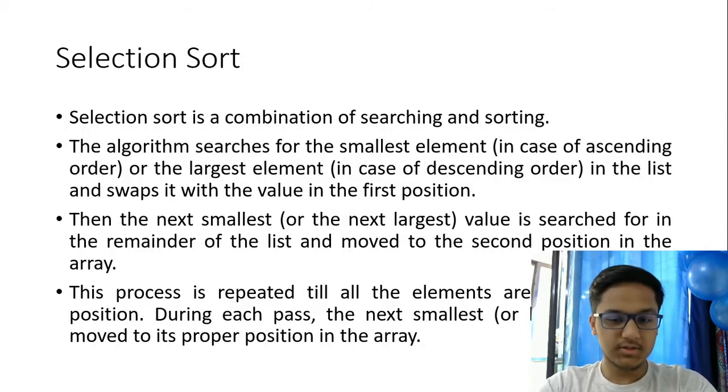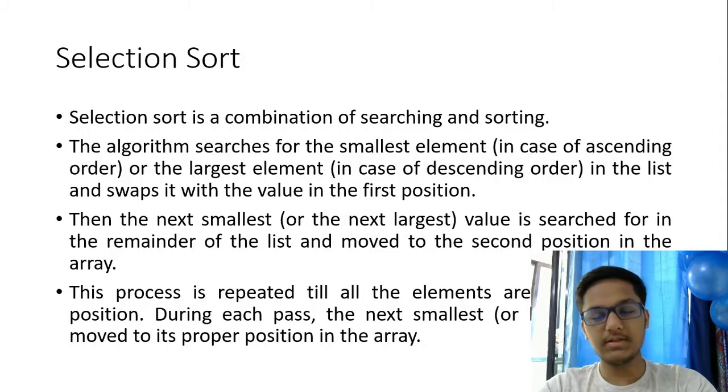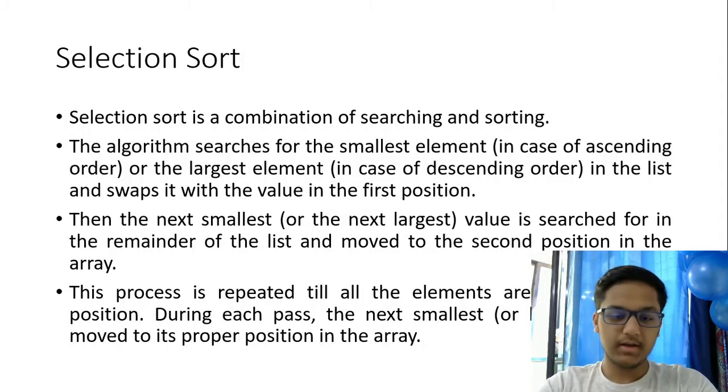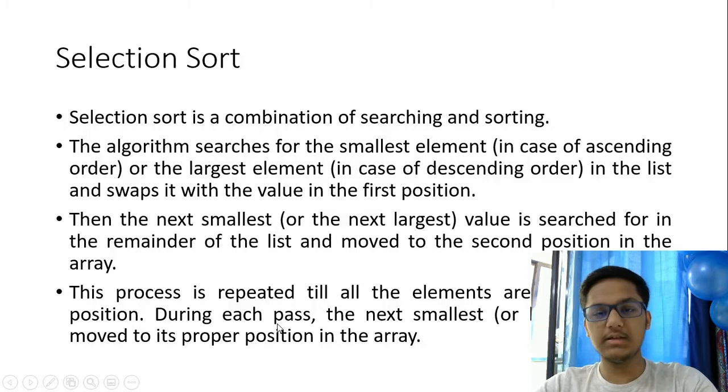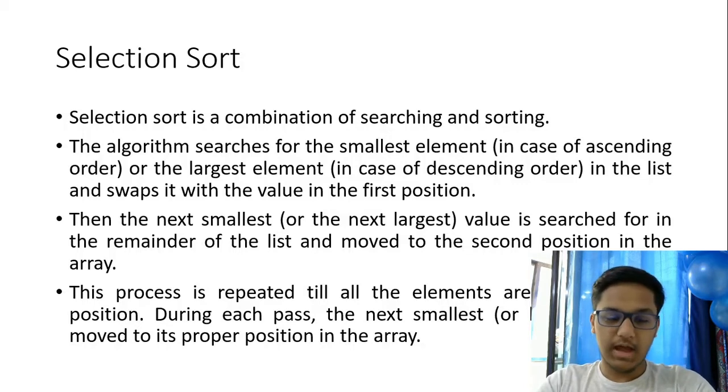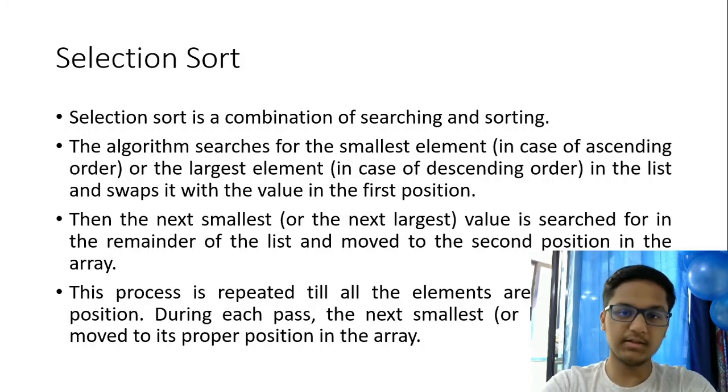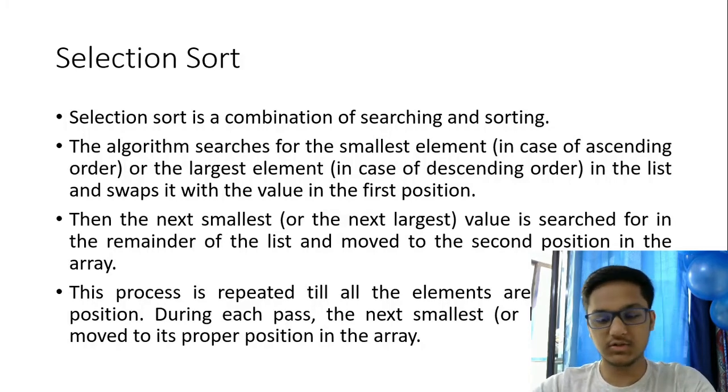This process is repeated till all the elements are sorted in the array. It uses the word pass over here. The process is repeated till all the elements are in the correct position. During each pass, which basically means each particular iteration, the array elements are being compared, and you're searching for the smallest or the largest element and putting it in the 0th, first, second, third, fourth index, and so on.